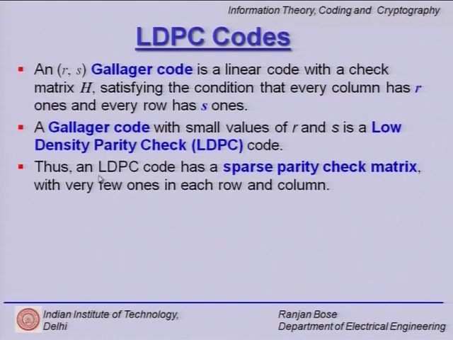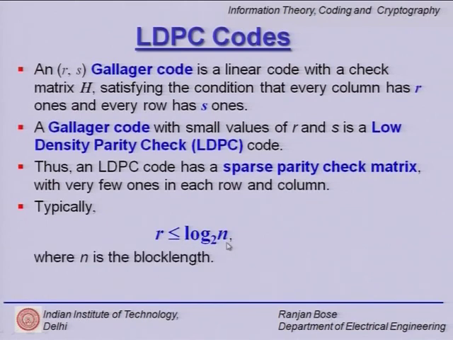Thus, an LDPC code has a sparse parity check matrix with very few ones in each row and column. Typically, an LDPC code has R less than or equal to log to the base 2 of n, where n is the block length. If you remember, the size of the parity check matrix is (n minus k) cross n.